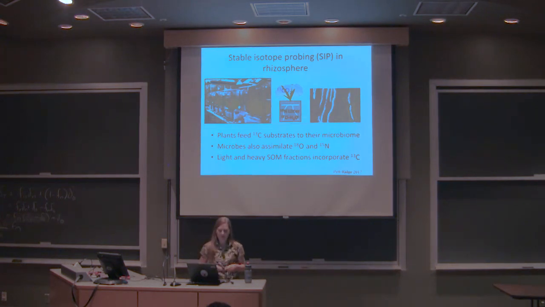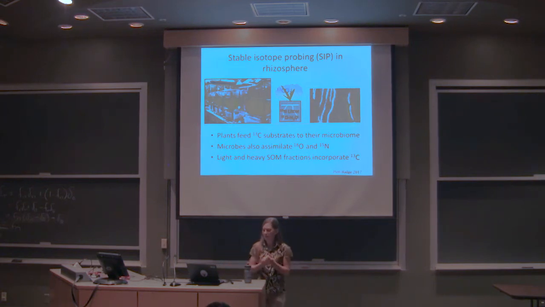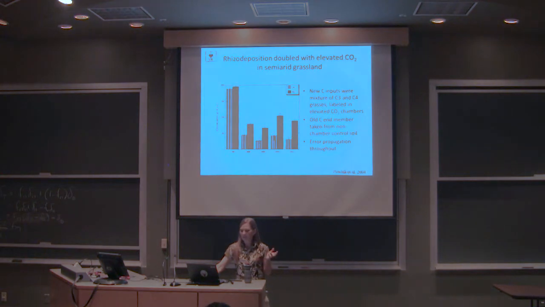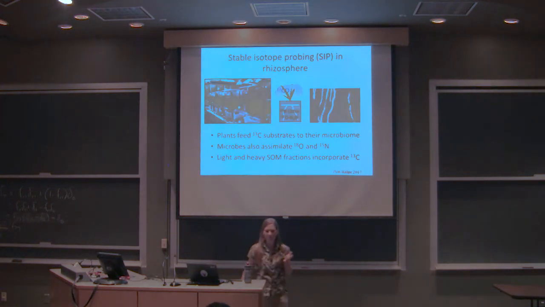Here's some new work that a friend of mine has been really spearheading. The stable isotope probing. So this study here was done because of a tracer, C13, that I published over a decade ago.